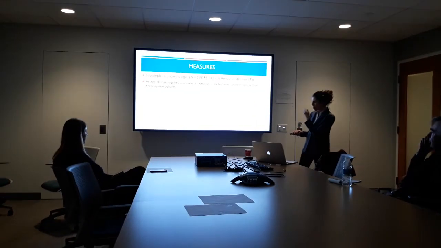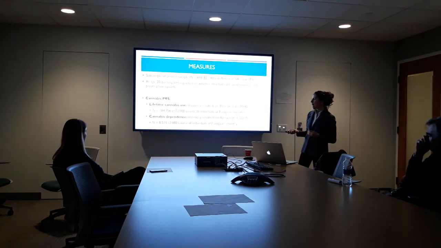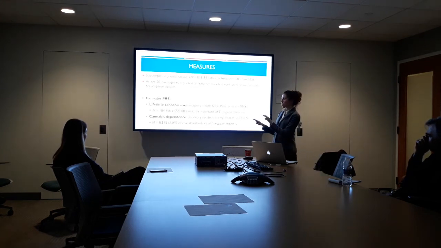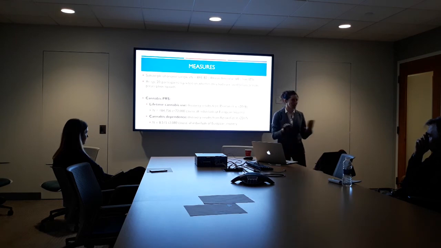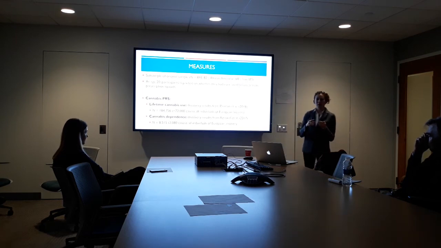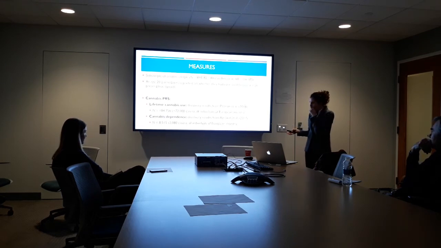Again, this was a subsample of the original population I described, about 900 individuals, 80% African American. I'm going to go through these sections really carefully, and I apologize if it's not the most interesting, but I want to make it clear why we saw the results that we did.